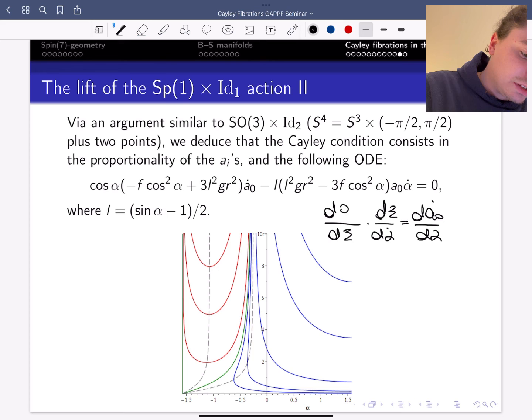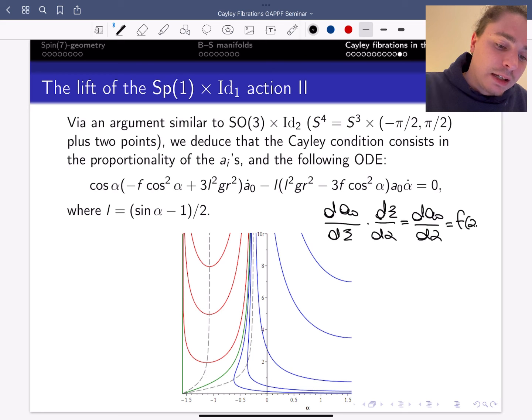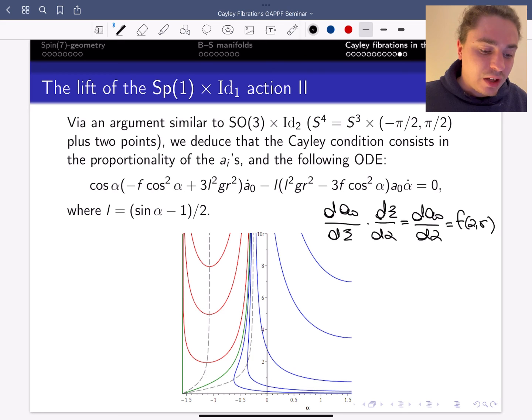Well, the dot shouldn't be there. This is equal to some function of alpha and r, and we study the sign of that function, and we deduce that this is the graph that we have to get.